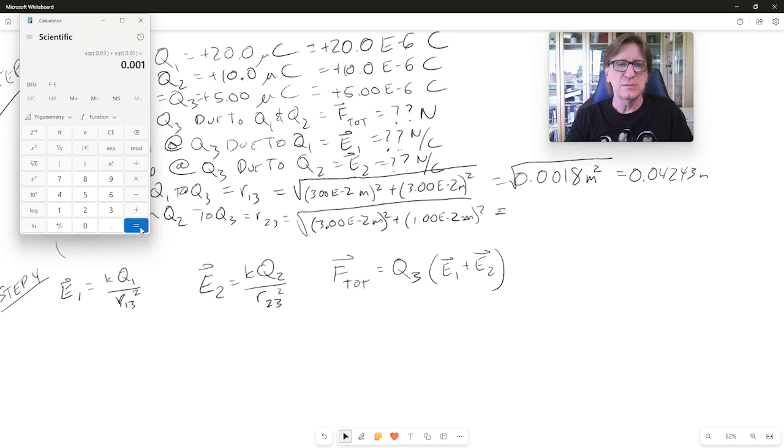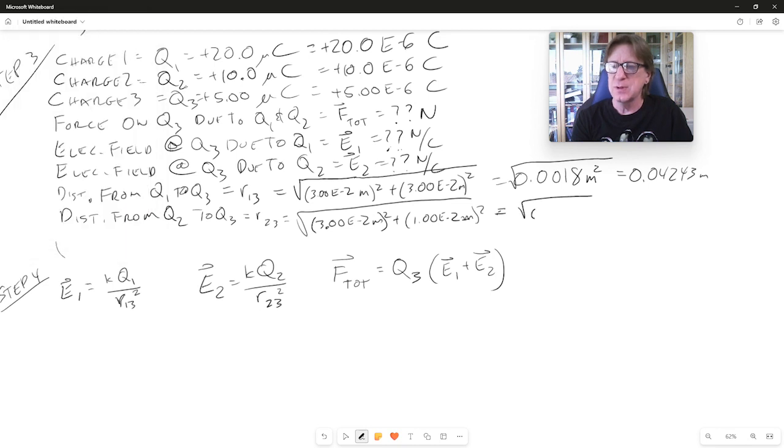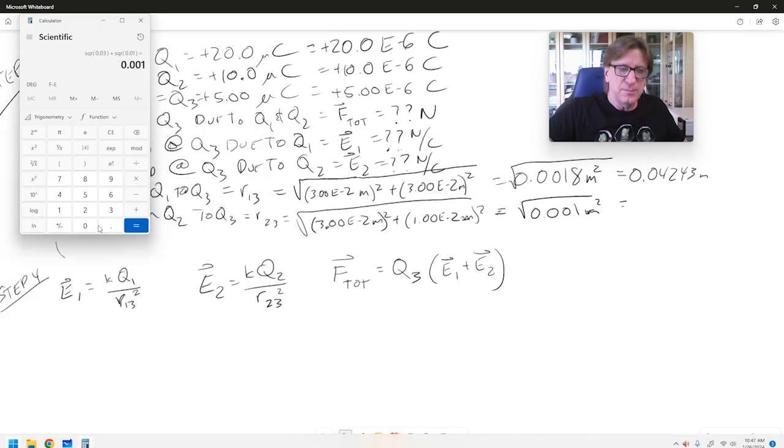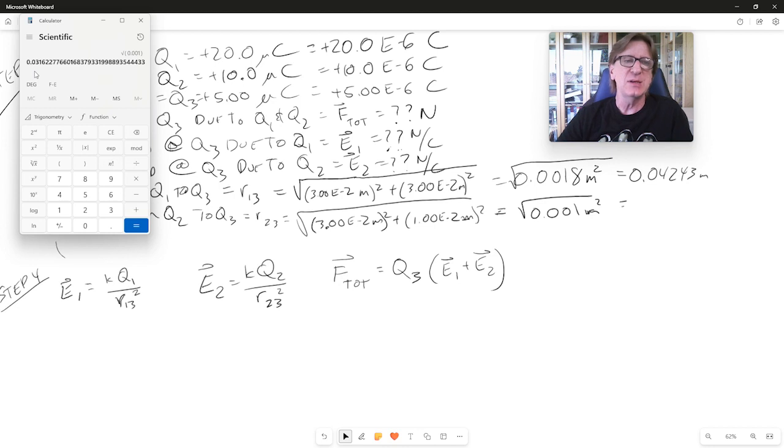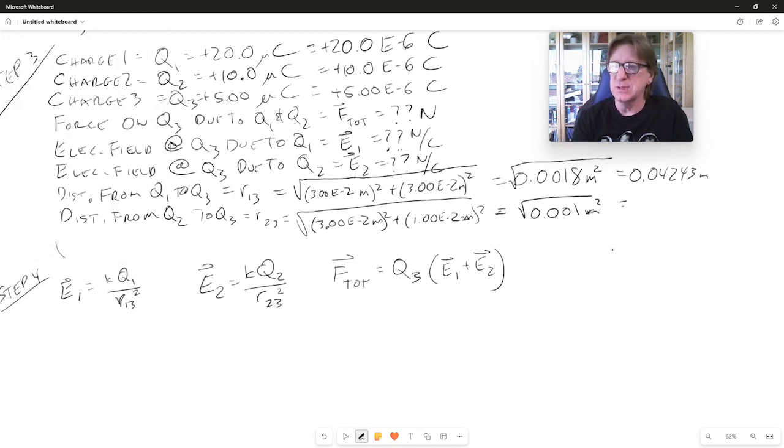We hit equals, and that is the square root of 0.001 meters squared. So we want to take that back then, and we will take the square root, and you see that it's 0.03162. There we go, just like that. So now we've got our distances whenever we need them over here.